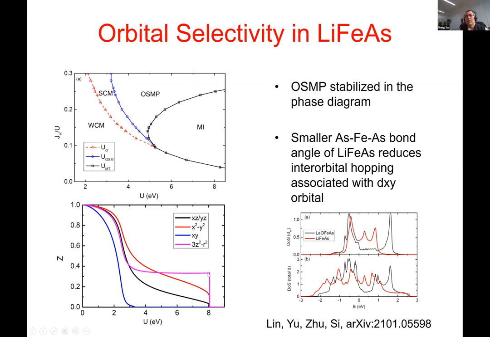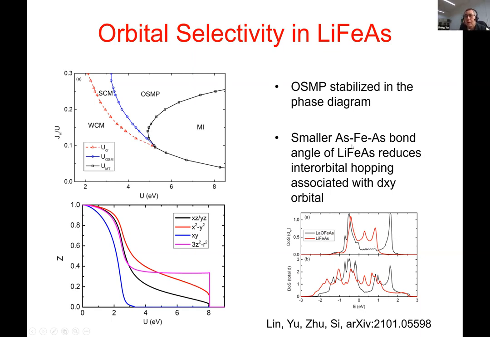So why do we see such a strong orbital selectivity in this lithium-111? However, we did not see similar behavior in, say, this 1111 compound. We compare the density of states projected to the dxy orbital versus the total density of states in these 2 systems. And we indeed find that the density of states projected to the dxy orbital in the lithium-111 is much narrower than in the 1111 compound.